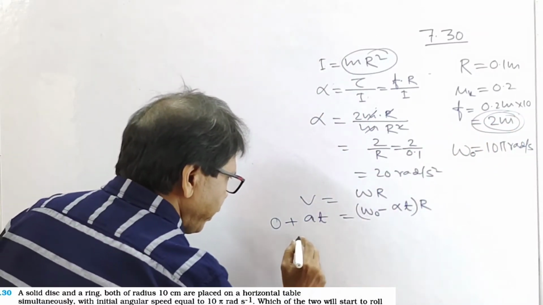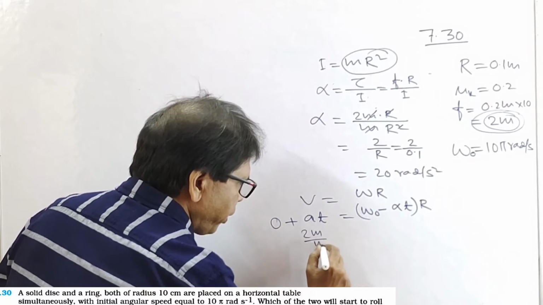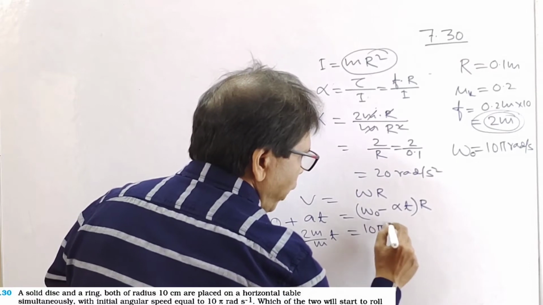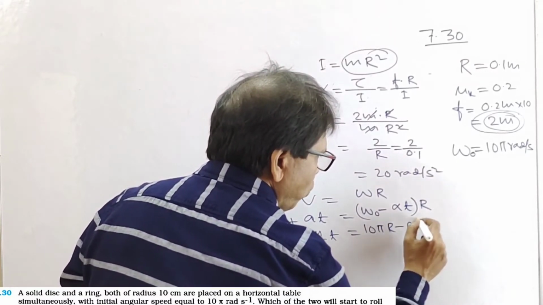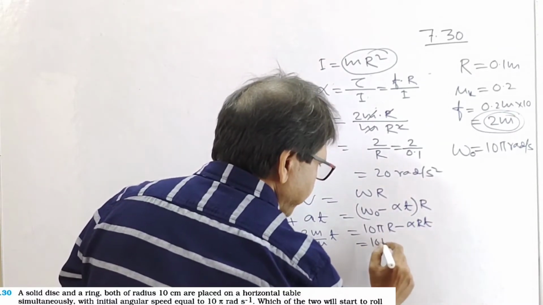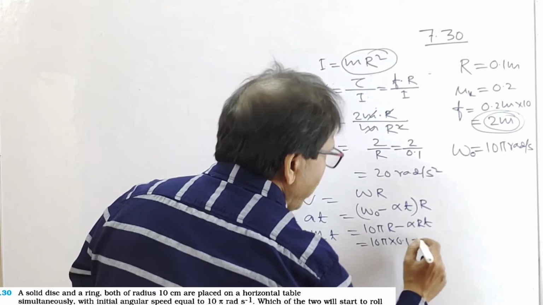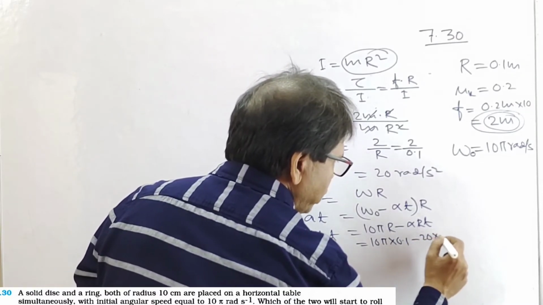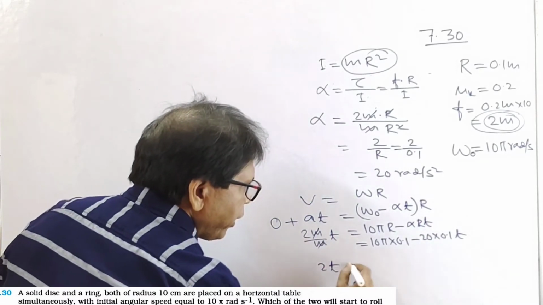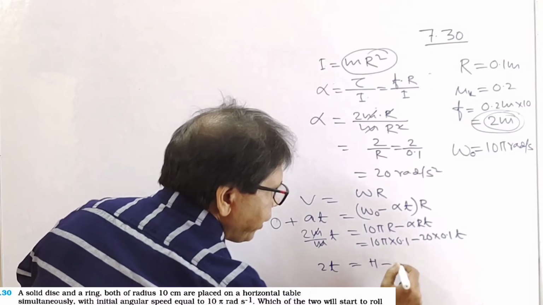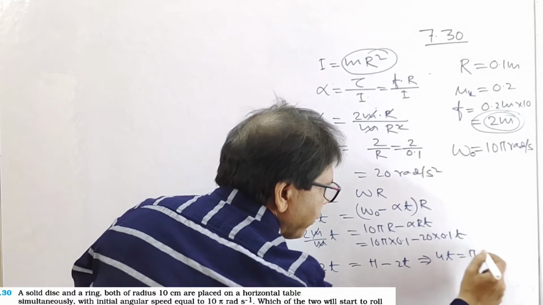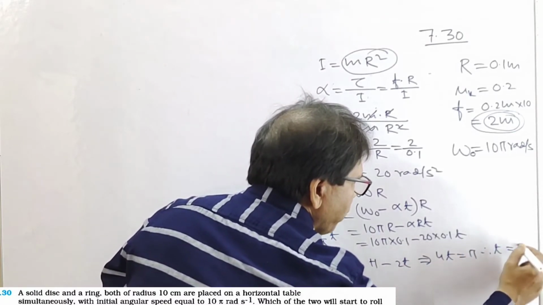So 2m divided by m into t equal to omega naught, that is 10 pi into r minus alpha into r into t. Okay, now this is 10 pi into 0.1, alpha is 20, r is 0.1 into t. So look at this, 2t equal to pi minus 2t. So here 4t equal to pi, therefore t equal to pi by 4.